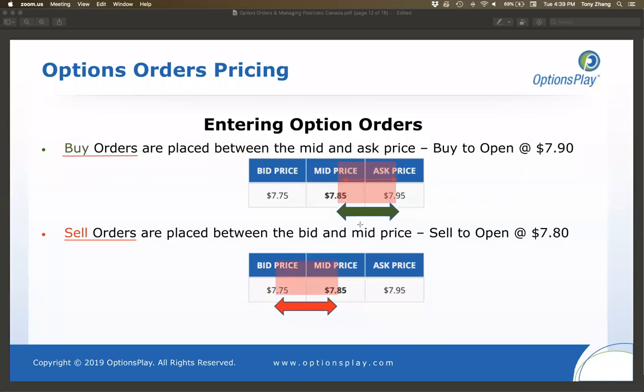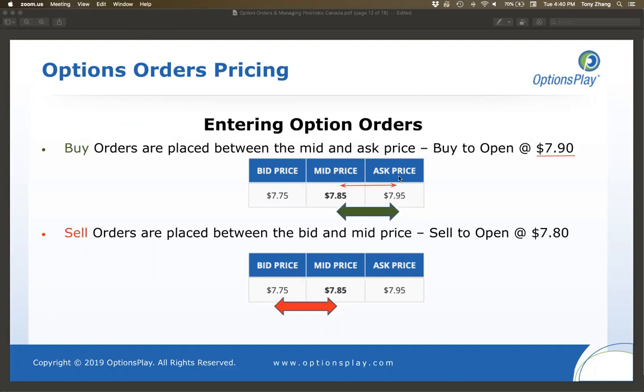So here in this example, if I'm trying to buy an option that's trading between 7.75 and 7.95, I want to place an order in between those two prices. So between 7.85 and 7.95, naturally, I would probably start my order at around $7.90, halfway between the mid price and the asking price.